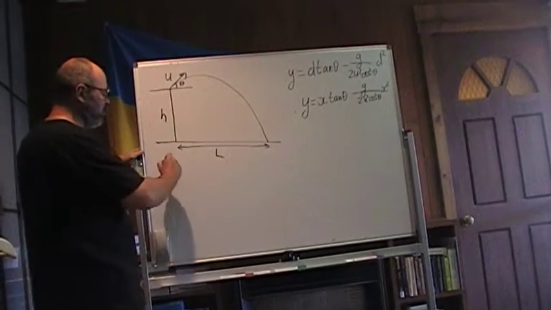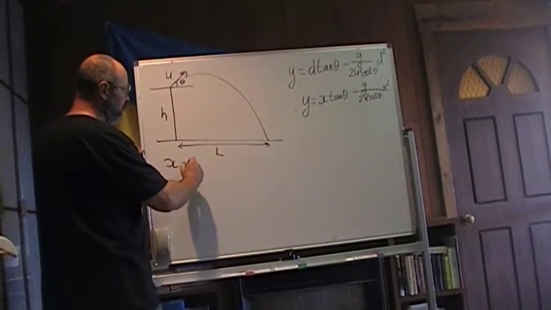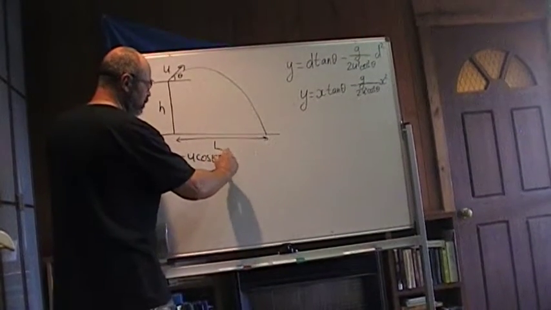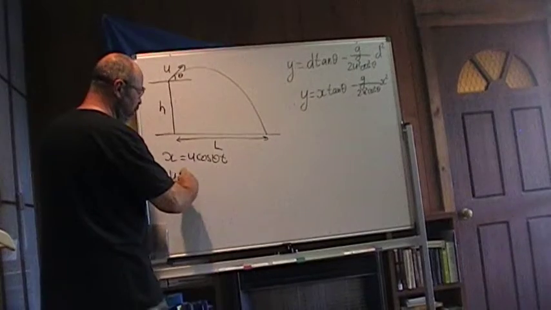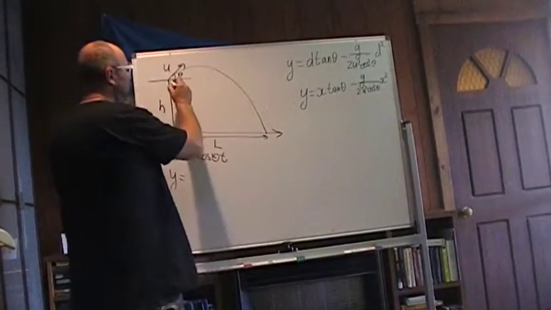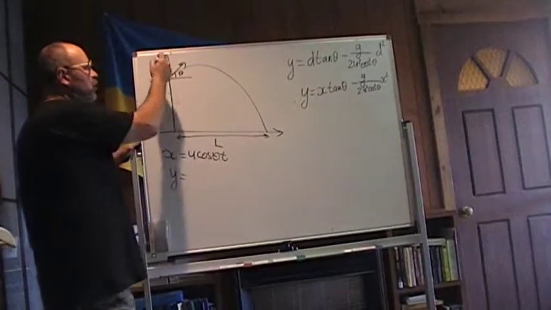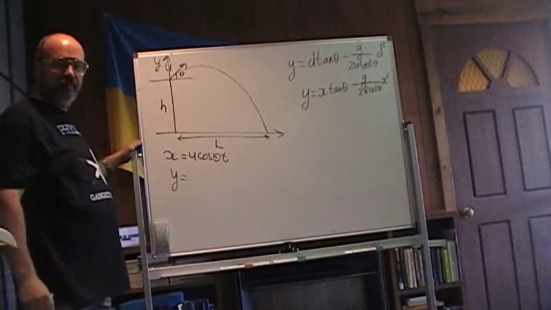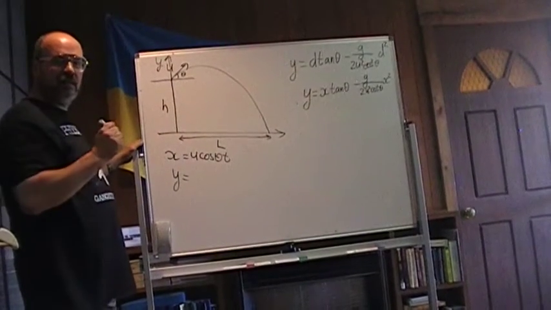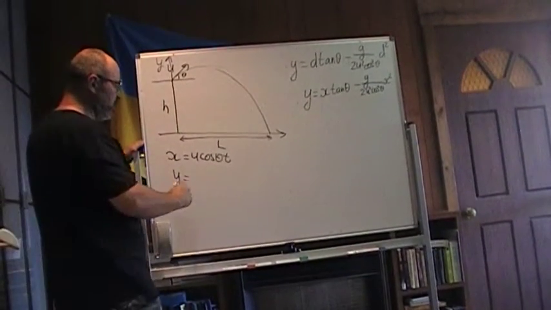And again we start from the equations of motion, x equals u cos theta t. In y direction, in this case, we have an initial position. We have h. It starts not from zero, not from the origin.